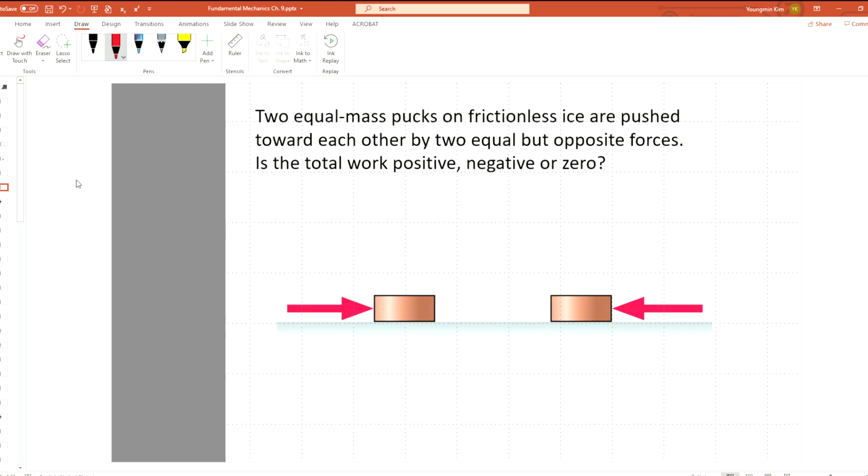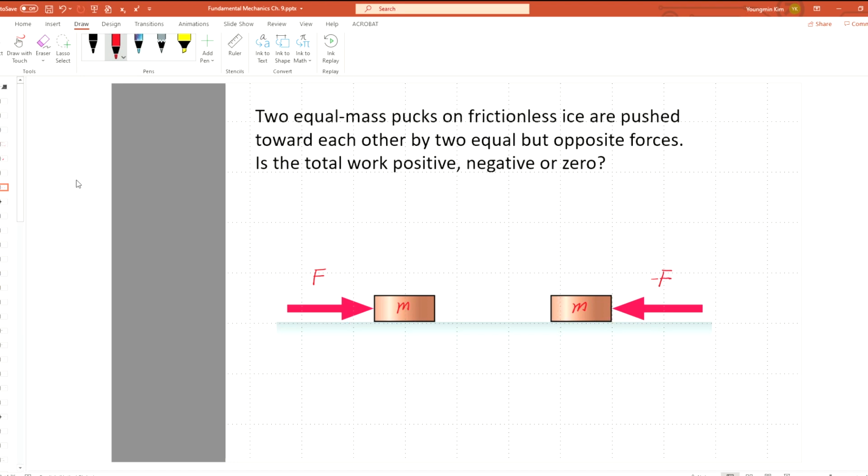Alright, so let's take a look at, I believe, the last example. Two equal mass pucks on frictionless ice are pushed toward each other. So you have the same mass M here, by two equal but opposite forces. So you have a force pushing it this way, and this would be the minus force because the directionality is opposite.